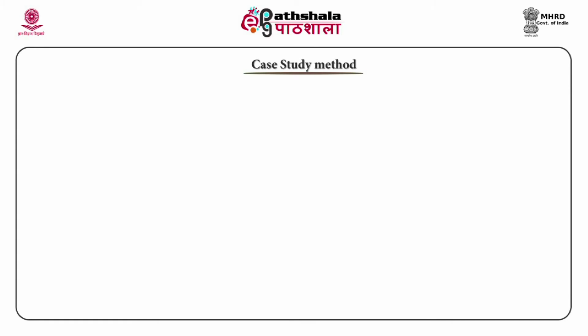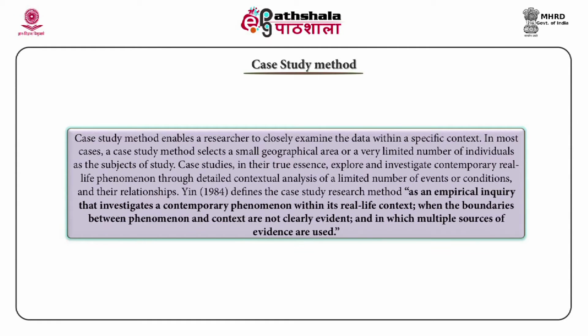Case study method. The case study method enables a researcher to closely examine the data within a specific context. In most cases, a case study method selects a small geographical area or a very limited number of individuals as the subjects of study.